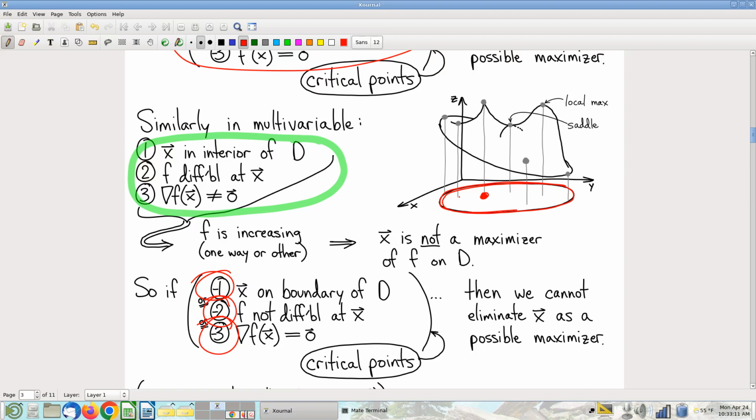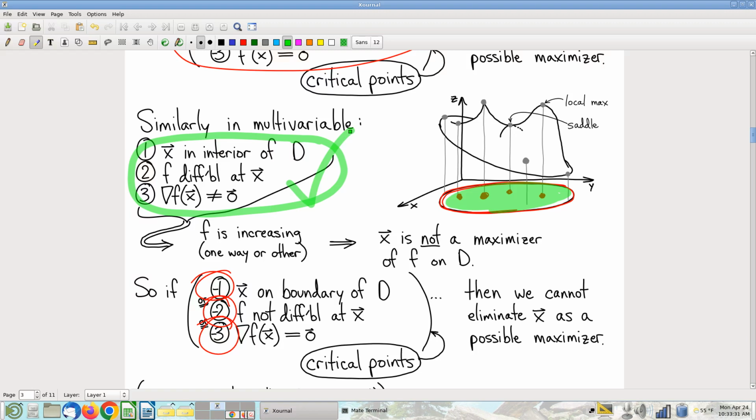So that would be here, and here, and here. Everywhere else, which let's see if I can just shade in everything else in green, everything else is eliminated by this argument.